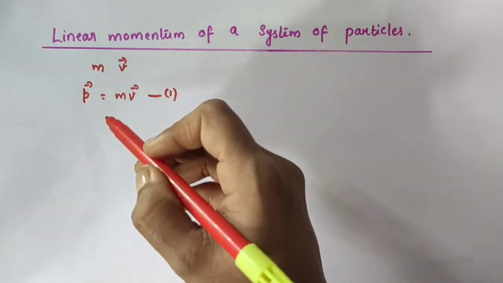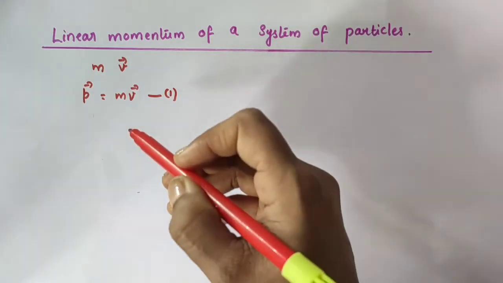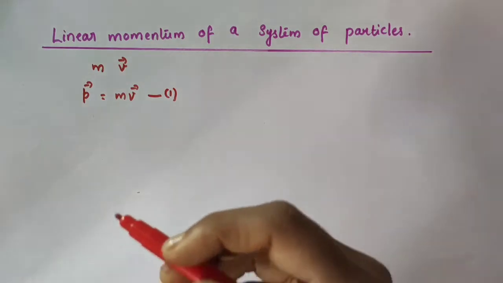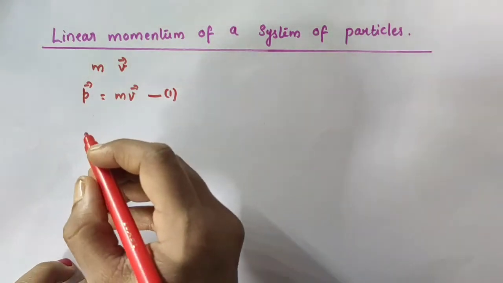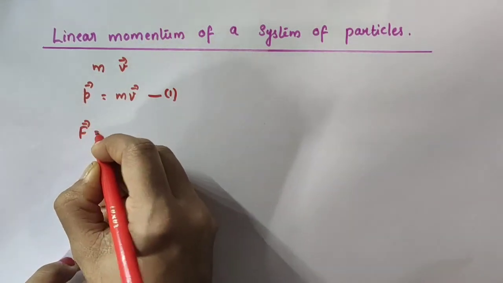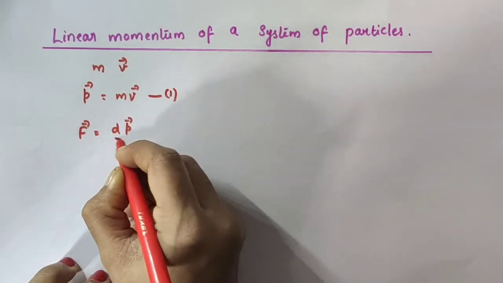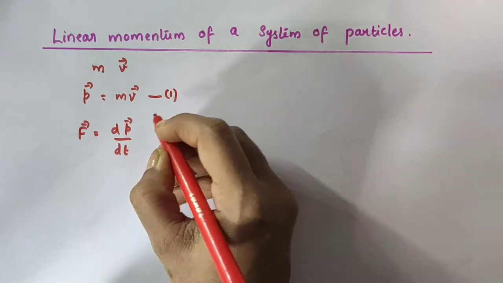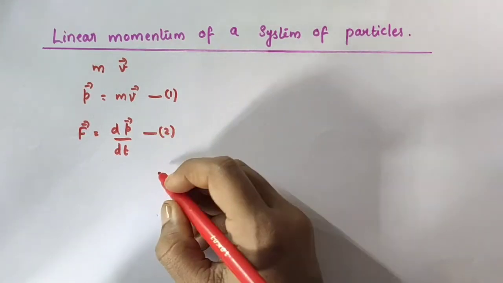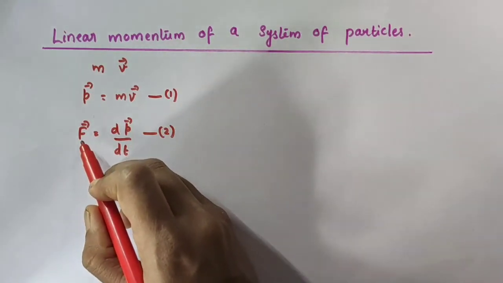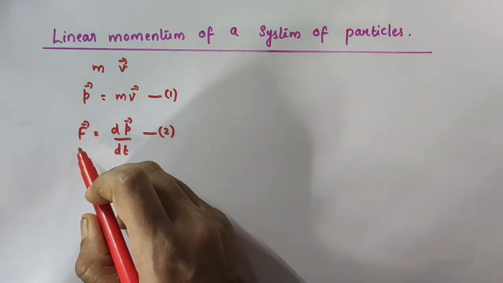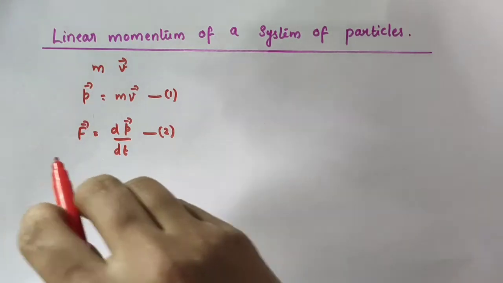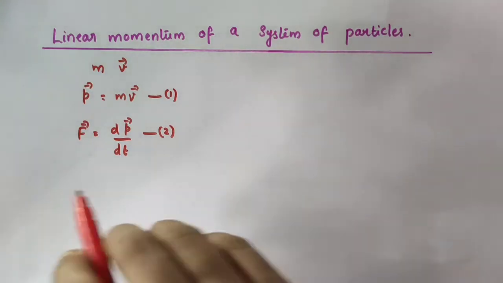Now from Newton's second law of motion, the rate of change of momentum of a single particle can be written as vector f is equal to d vector p divided by dt, or d by dt of vector p. I am taking this as equation number 2, where vector f is the force on the particle. We have discussed the case of a single particle so far.